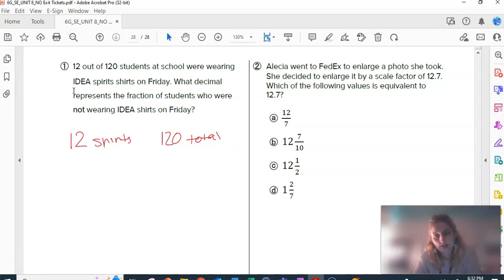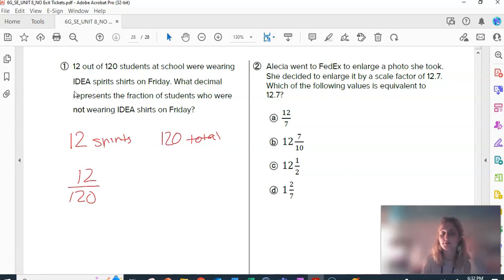So you have 2 choices. You can find the decimal of this 12 out of 120, and then find its partner that would add up to all 100%, or you can find the number of kids who are not wearing Idea shirts first, and then make that into a fraction and change that into a decimal.